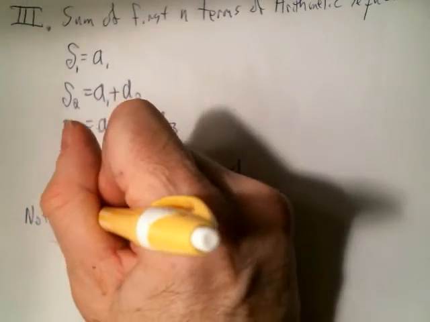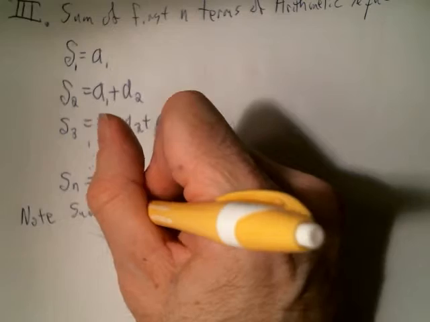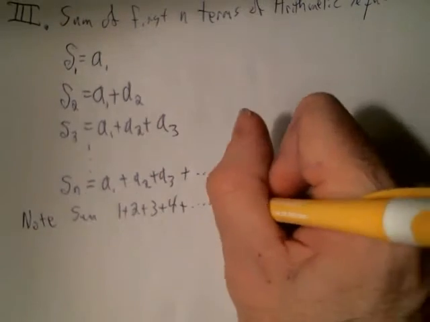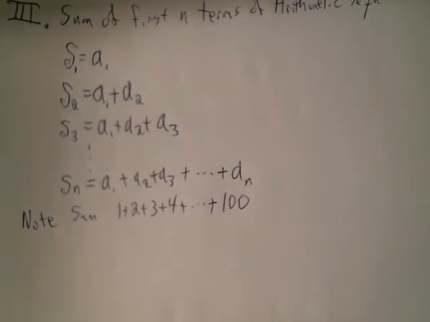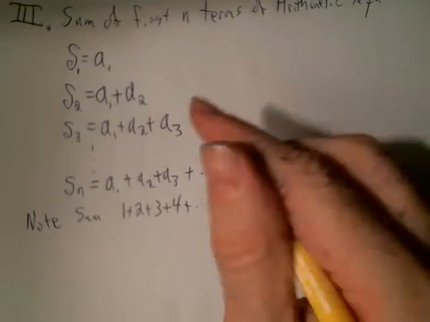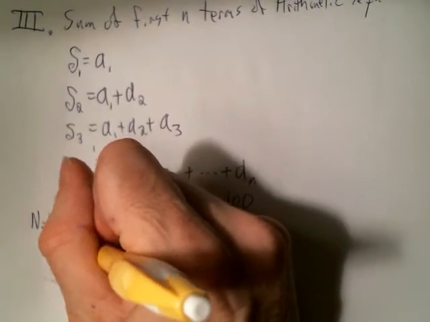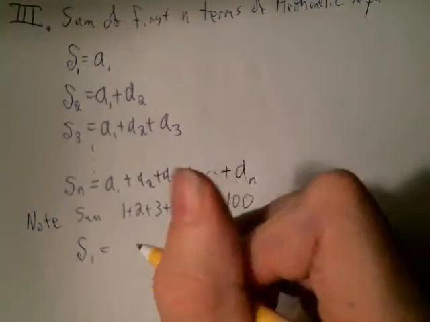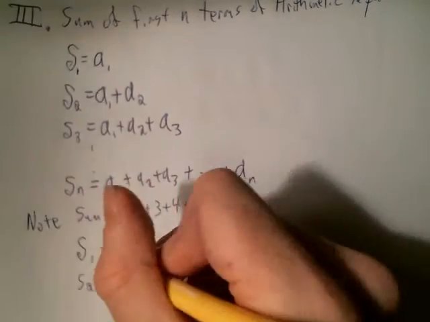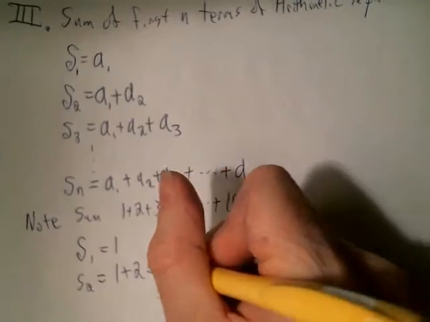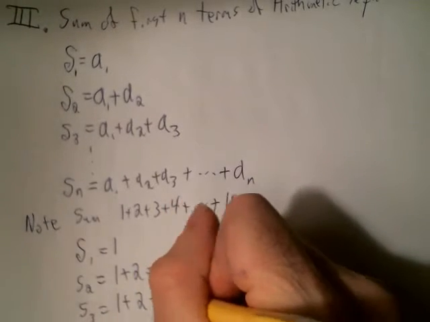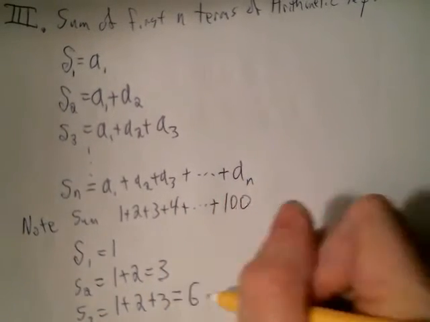So note the sum 1 plus 2 plus 3 plus 4 plus dot dot dot all the way up to 100. And we want to get a formula for this. So we know S sub 1 is going to be 1. S sub 2 is going to be 1 plus 2, which is 3. S sub 3 is going to be 1 plus 2 plus 3, which is 6.